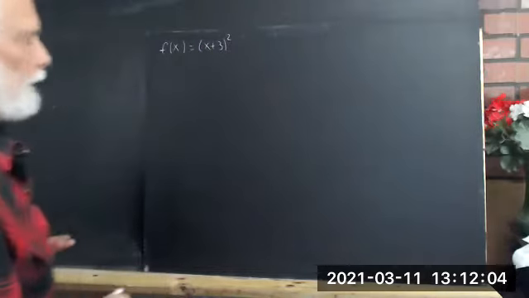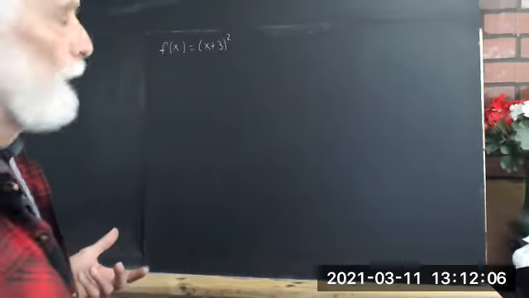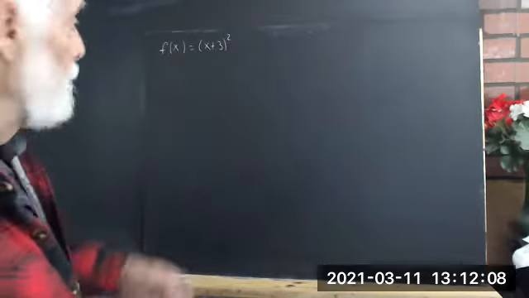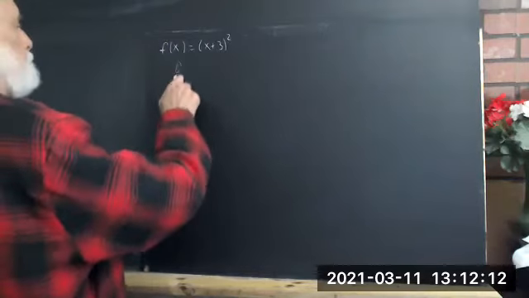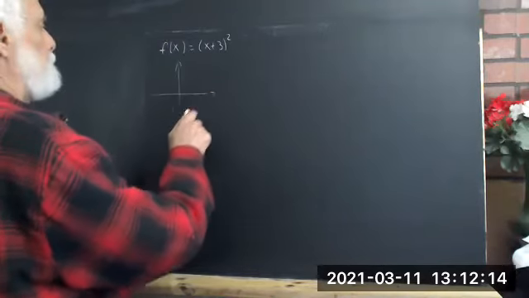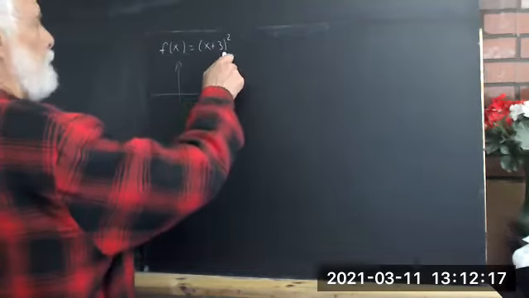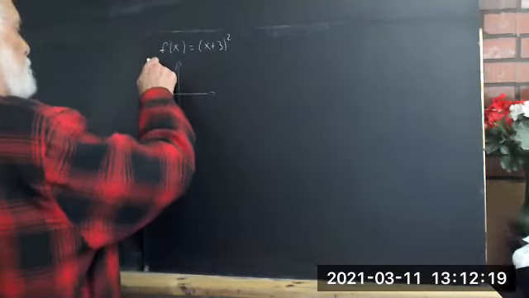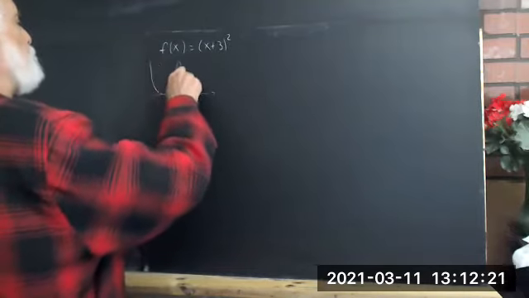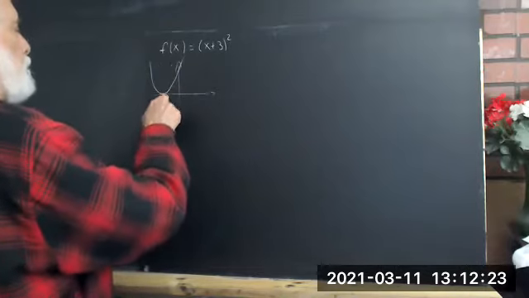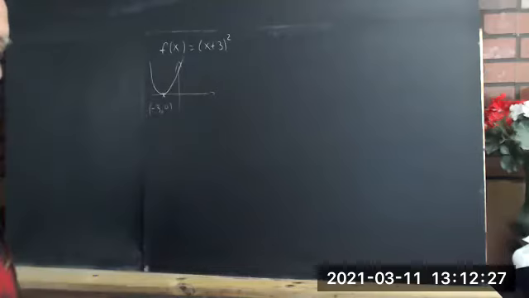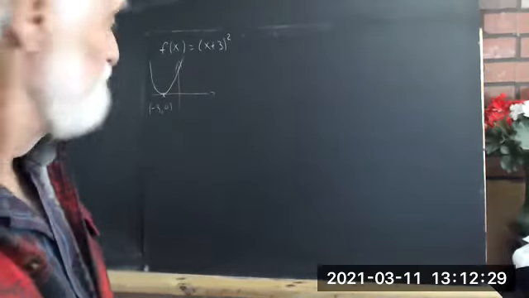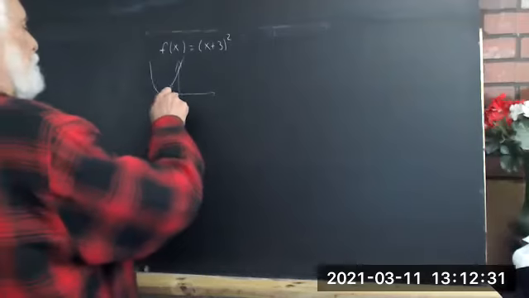Okay, so f of x equals (x plus 3) squared. We can see just by the graph that this will be the x squared graph shifted 3 units to the left. So here's our graph. It's very badly drawn, but we still get the idea.